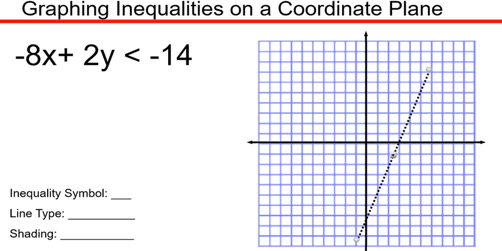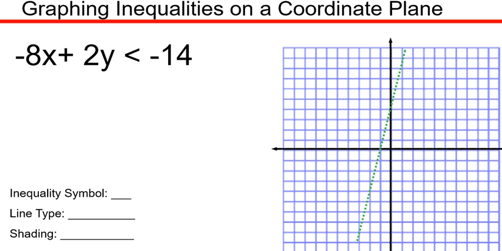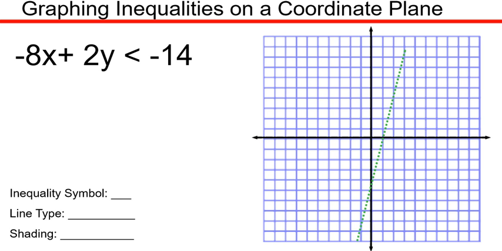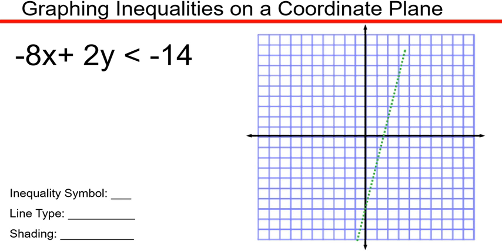Or would it be easier to rotate all the way around this way to make it a horizontal line? So I'm going to say that it would be easier to go this way. So as you can see, now it's becoming more clear to me which is below the line. So this area to the right is going to be below my line. So that means I'm going to have to shade underneath that. So I'm going to shade this area down here.